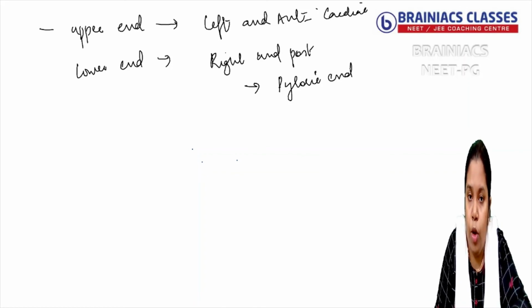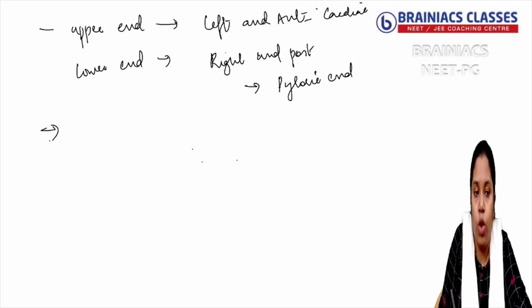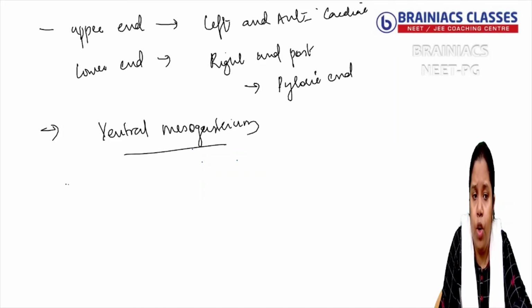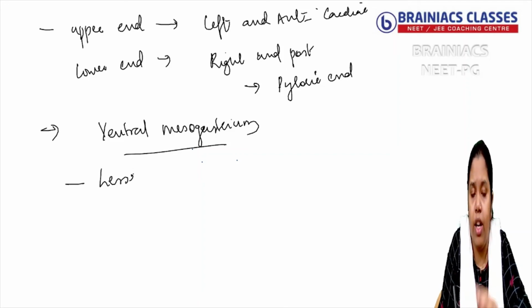Understand about the rotation? Now coming to the mesogastrium. The ventral mesogastrium will accommodate what all? We know that there is the lesser omentum, because the ventral side is the lesser curvature. The ventral border has become the left border, so it will enclose the lesser omentum.